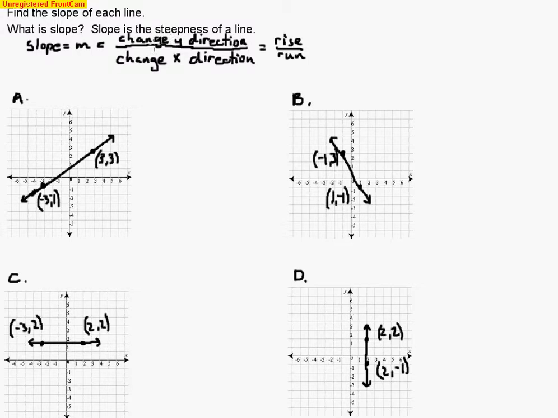In the first set of problems, you will see graphs that are already made up for us. What we're going to do is find the slope of the line. So let's start by writing the variable m for slope, and then you can already set up your fraction. Slope is a fraction, and we're going to find the change of y first. Let's start with the left-hand point for now.